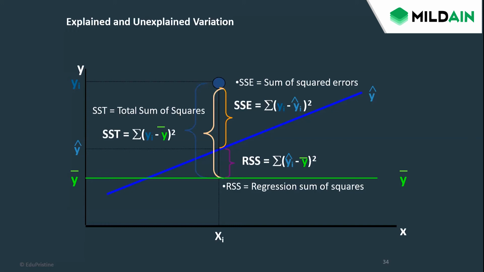From the mean to the best fit line, and from the best fit line, the difference between the predicted and actual, that difference we are going to calculate, right?